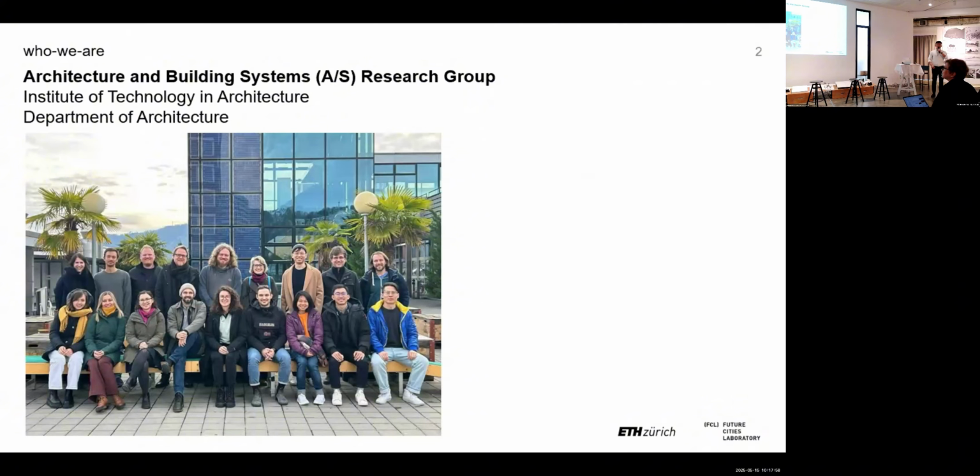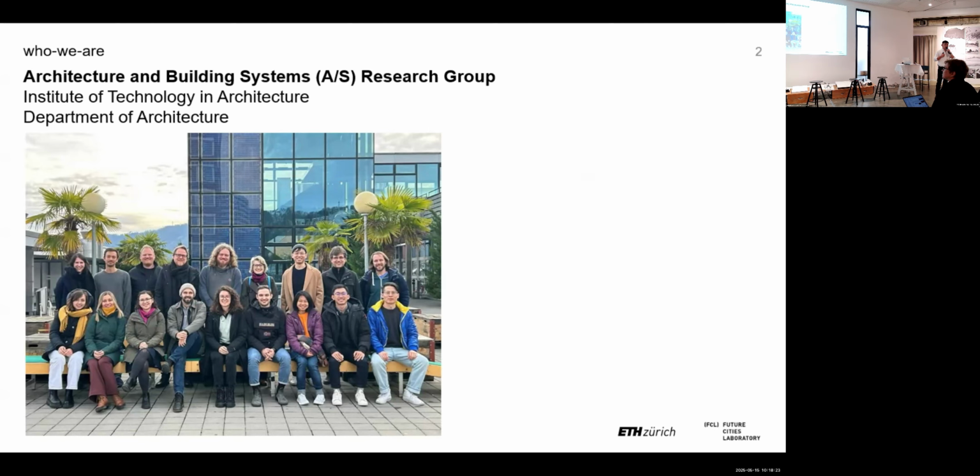So first, acknowledgement of my chair, my team. We are the Architecture and Building Systems Research Group, which is part of the Institute of Technology in Architecture, which is in the Department of Architecture at ETH Zurich. And this is the group photo we took last year, and most of my colleagues are engineers from different perspectives, and you're field designers.